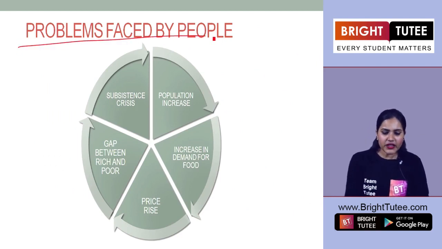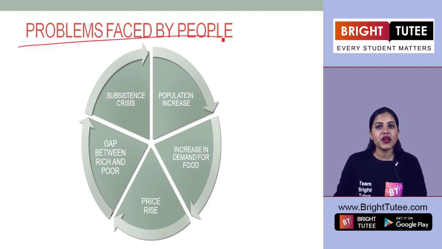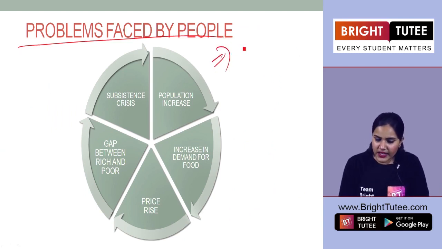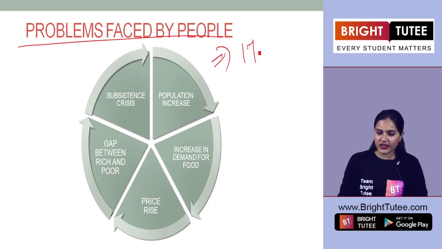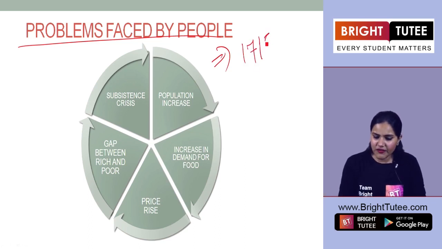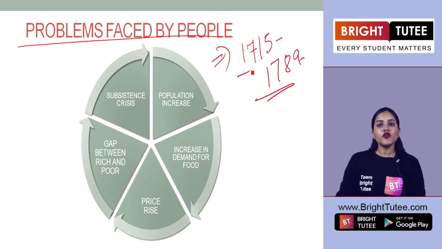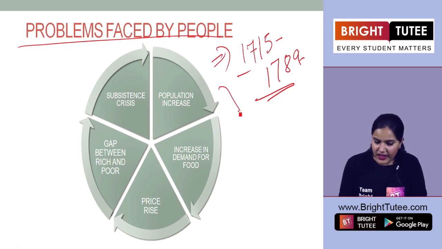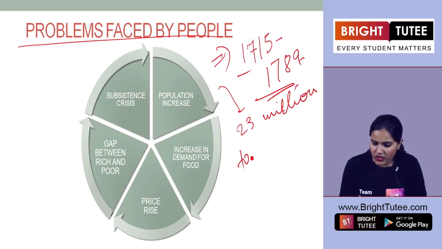Now, some other problems were being faced by the common people there. During this period, that is from 1715 to 1789, we see that there is a population increase from 23 million to about 28 million.